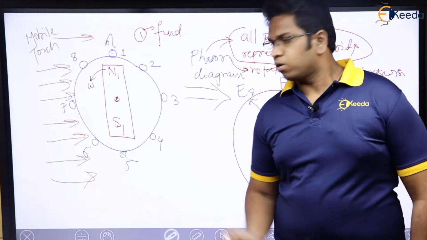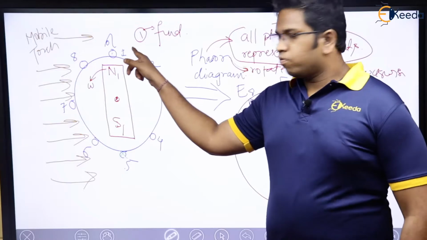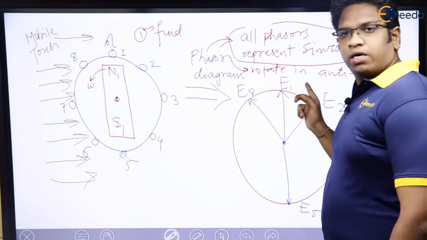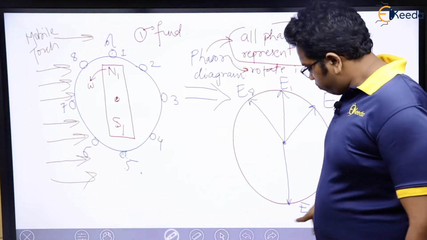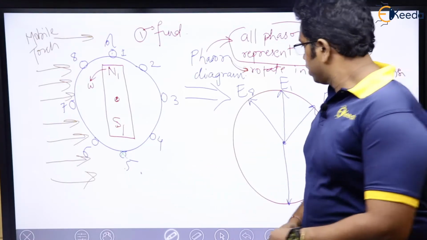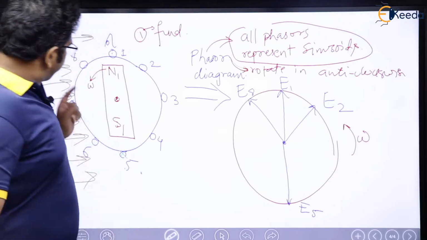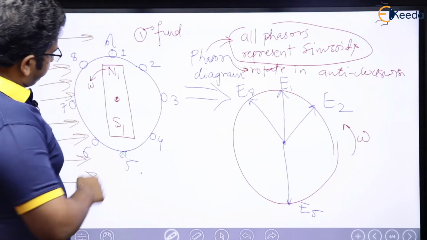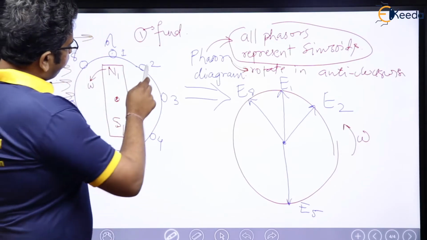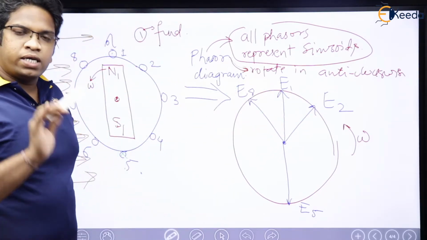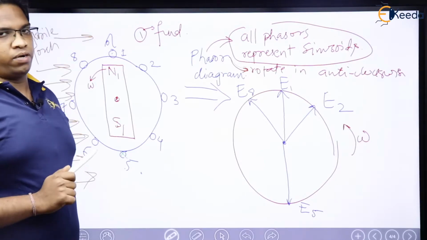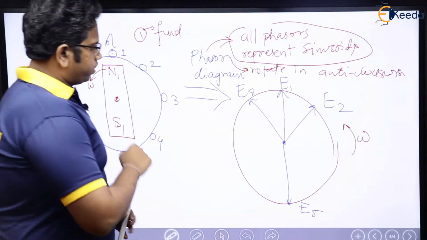One was at the top, we took E1 here. 5 was here, we took E5. But what about E2 and E8? You may say, sir, we will take 2 here and 8 here. Let us analyze: can we take them that way? Let us see. See here, very simple.